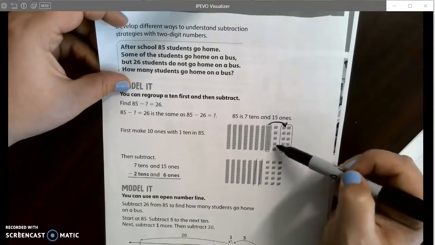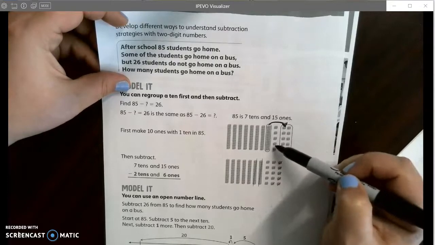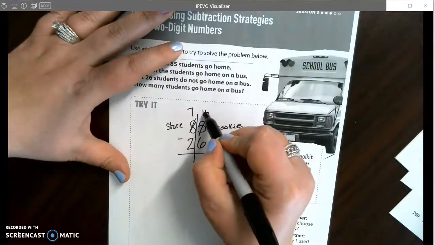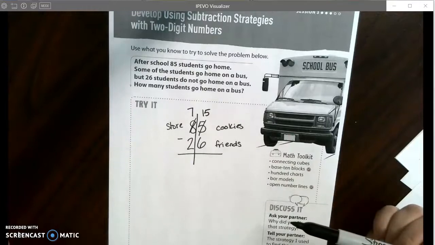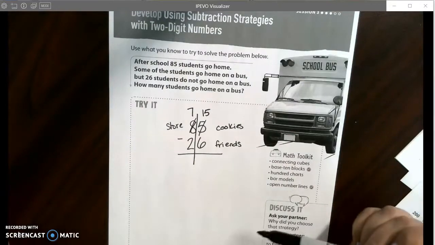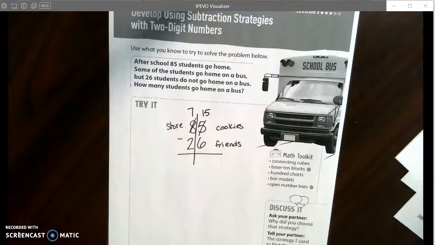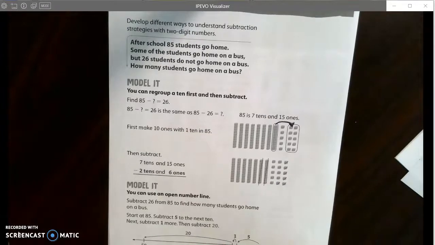But I already had 5. So 10, 11, 12, 13, 14, 15. I now have 15 cookies at home. Now, do I have enough cookies to give 1 to all of my friends? I sure do. 15 minus 6 is my new problem. So that is why they are saying to regroup a 10 first and then subtract.